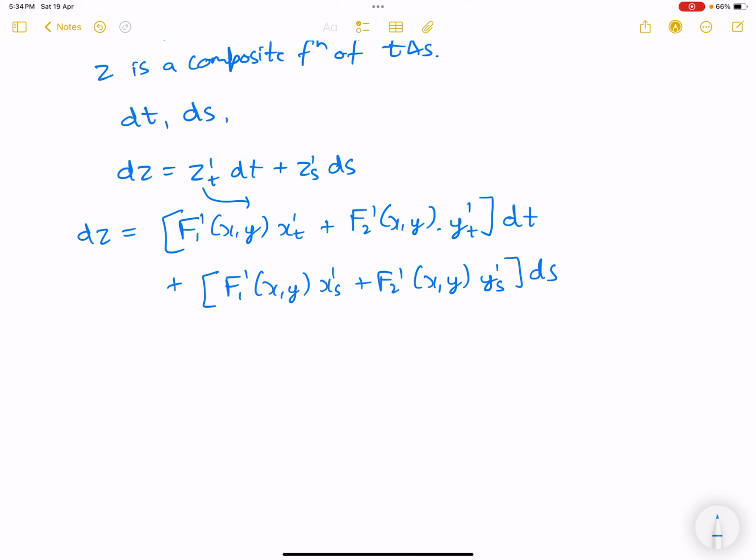Okay. Now this is what we have got. So what we'll do is f1 dash(x,y) को कॉमन ले लेते हैं.